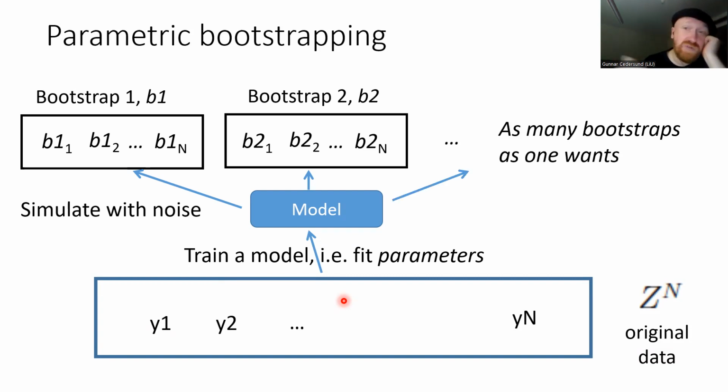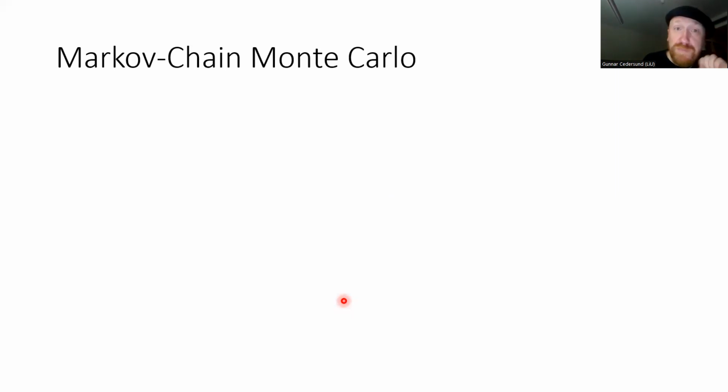So here again, you can generate as many bootstraps as you want, and this allows you to again do the optimization, determine the property that you're interested in many times, and you have a distribution, you have the uncertainty. Okay, so that's bootstrapping. Now let's look at the other approach, which is maybe even more theoretically sound, which is called Markov chain Monte Carlo approaches.